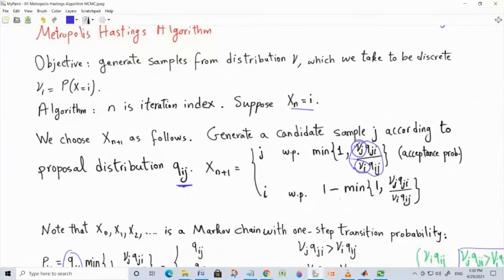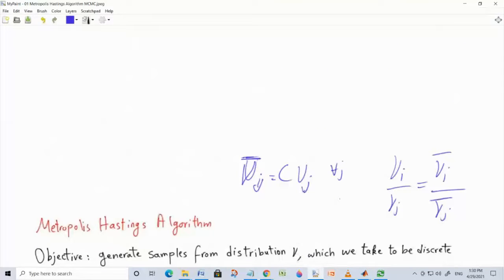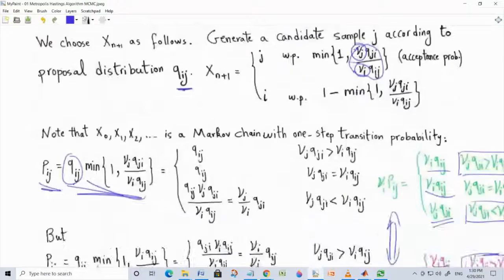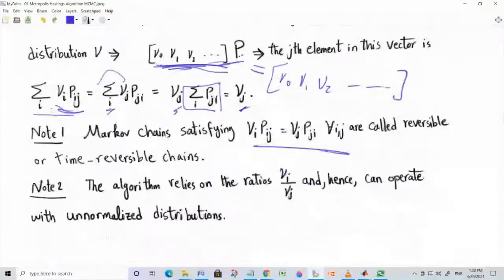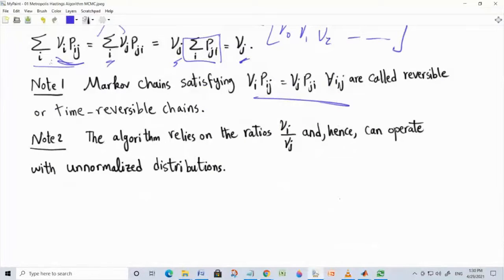You just need ratios, so an unknown constant will not impact your algorithm at all. And that's a big advantage, because in some applications getting this constant will be computationally intensive, and you don't want to do it. But the algorithm can work without the need to know C.